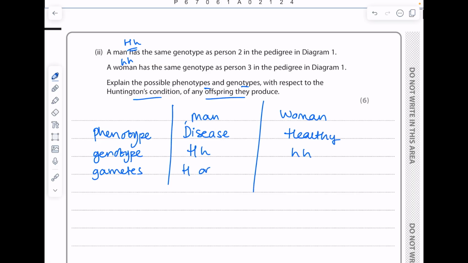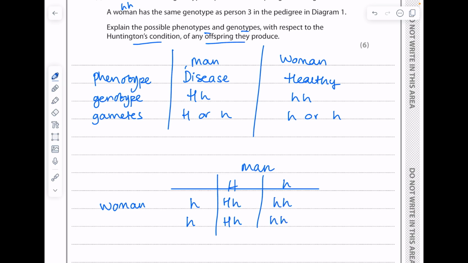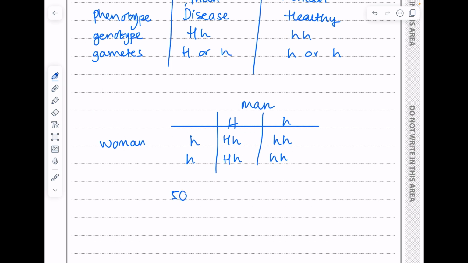Sort out your gametes. Draw your Punnett square. So there's offspring 1. So we can see that there's a 50% chance of being healthy. Make sure you list that genotype. 50% chance of having the disease.